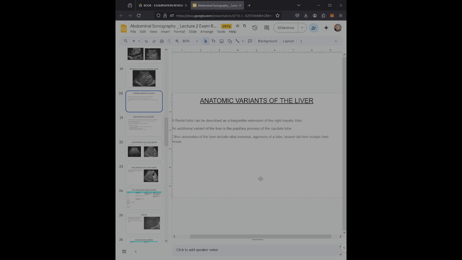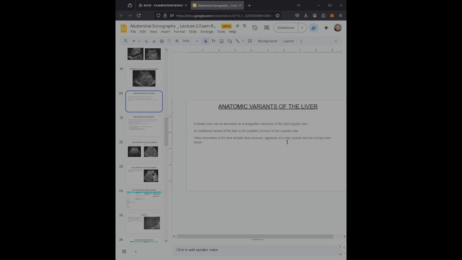So we can have certain anatomical variants of the liver. We can have a Riedel lobe, and it is described as a tongue-like extension of the right hepatic lobe. That is most commonly seen in women, and it may extend inferiorly as far as the iliac crest. It is important to differentiate the Riedel lobe from hepatomegaly, and one could examine the left lobe for any coexisting enlargement.